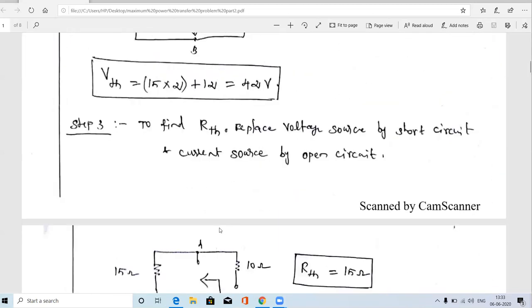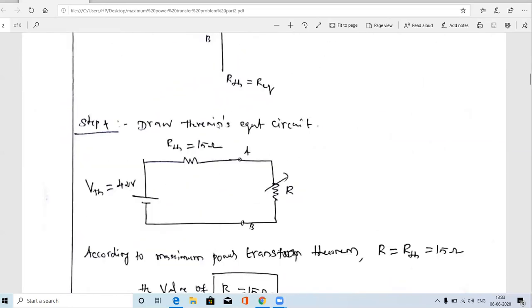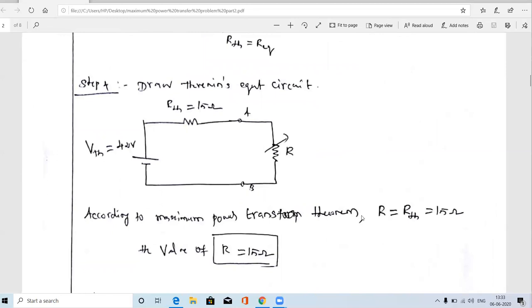After calculating this R equivalent, we have to draw the Thevenin's equivalent circuit, which is the Thevenin's voltage in series with the Thevenin's resistance. Finally we connect the load across the terminals A and B, so the value of this R is nothing but this RTH value.